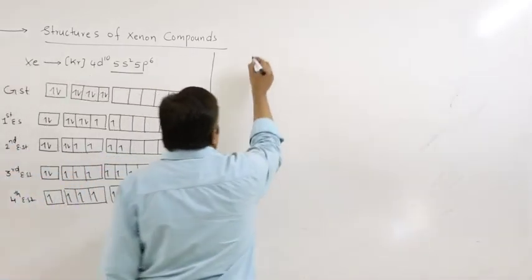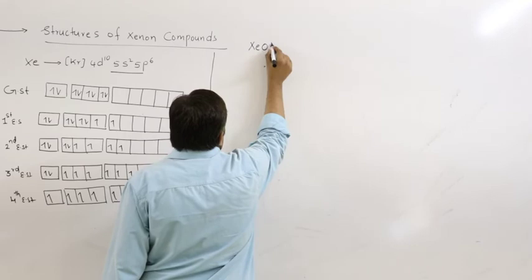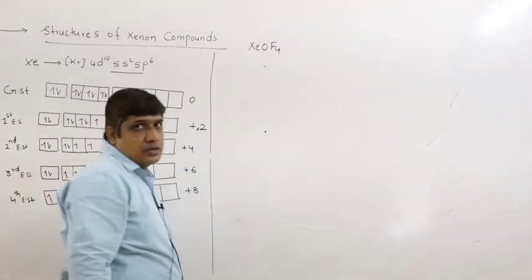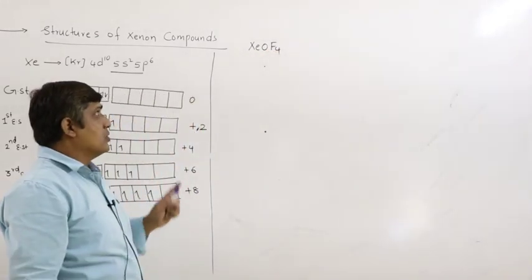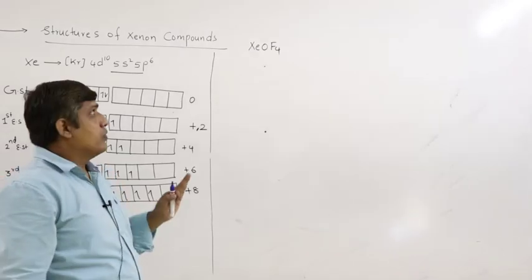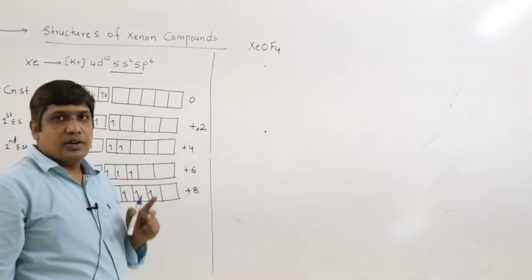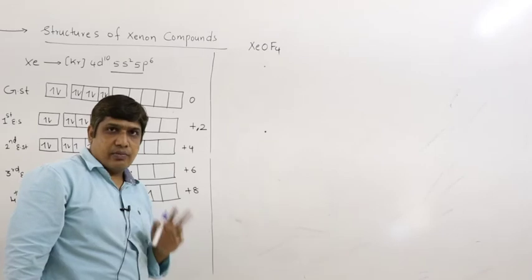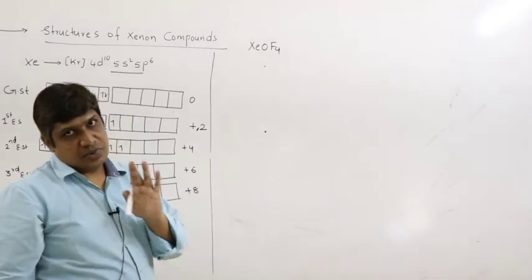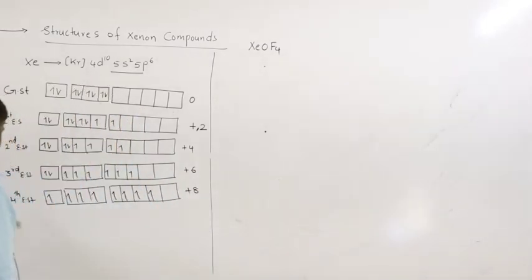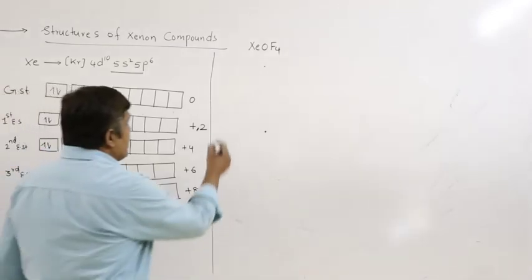So the next molecule is XeOF4. So xenon is bonded to one oxygen and 4 fluorines. So 4 fluorines need 4 unpaired electrons, and 1 oxygen requires 2 electrons to form 1 sigma and 1 pi bond. So altogether xenon must possess 6 valence electrons. 6 valence electrons are present in the third excited state.